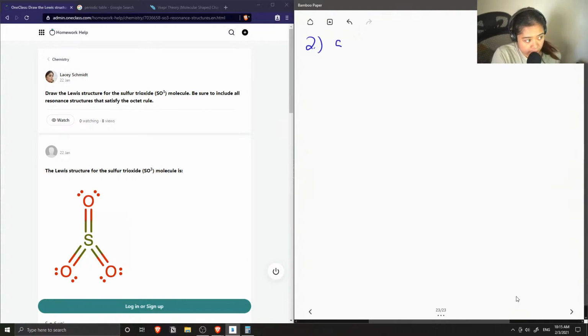Okay, so sulfur trioxide, if we were to draw its Lewis structure, we first need to find out the total number of valence electrons for this molecule.